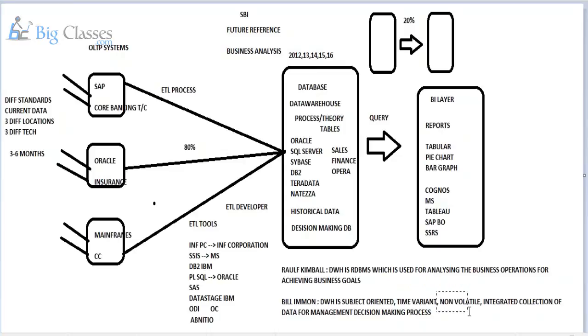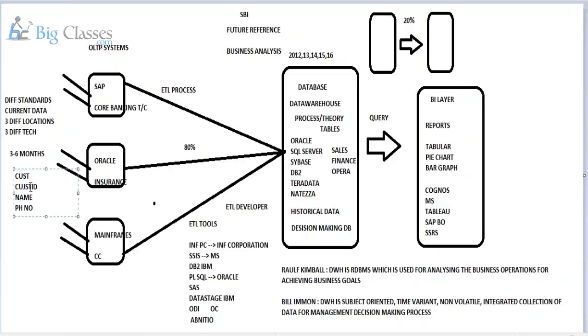And the next one is that a data warehouse is non-volatile, which means that once the data enters the data warehouse, it does not change. Let's say you have some customer information. You have customer ID, customer name, and phone number.